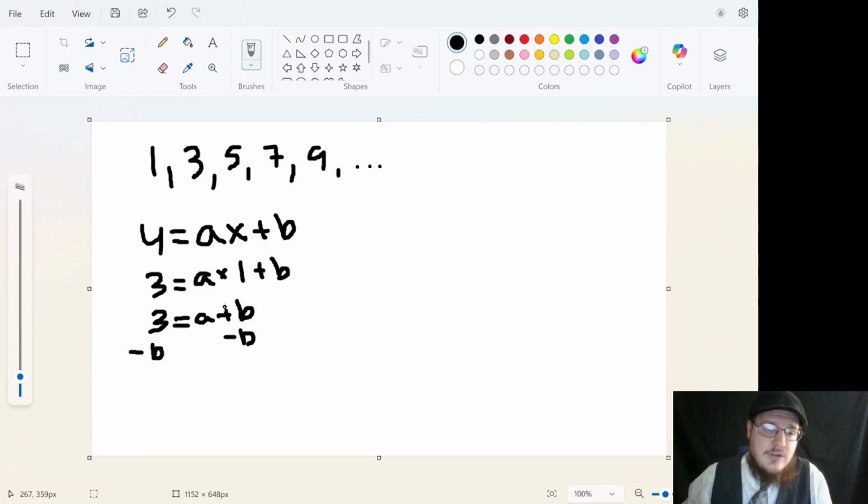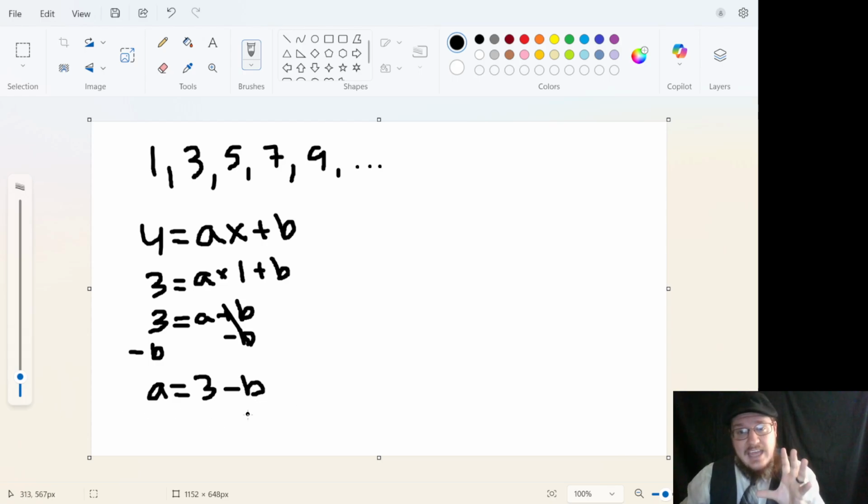So we cancel out the B on this side, and we're just left with A. Now, because this is an equal sign, we can rearrange the order a little bit, and what we're going to be having here is A equals 3 minus B. That is our little equation for finding what A is.